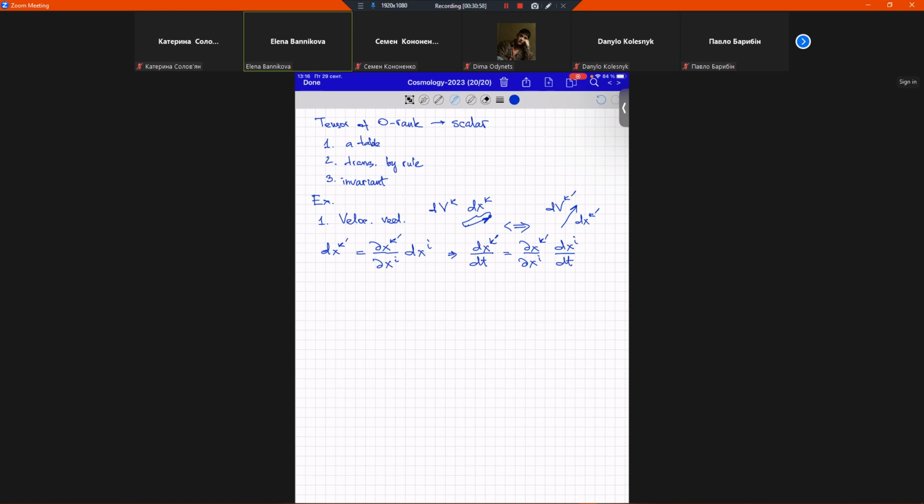Now if I call the components of velocity v k prime, and without prime, v i, I obtain the following formula.